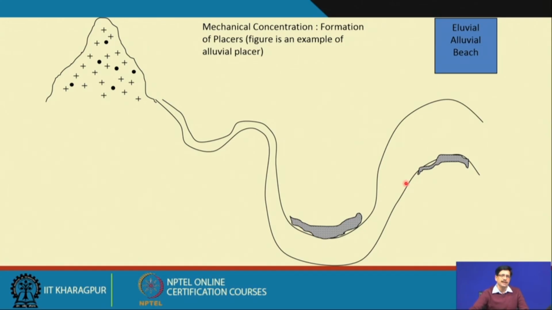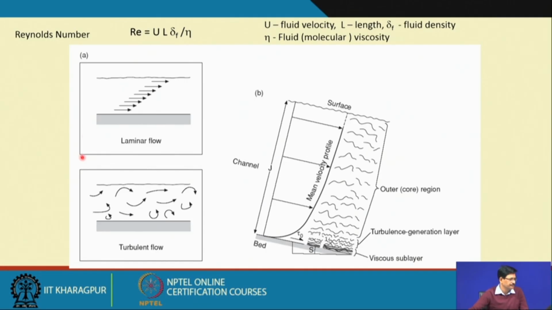Then we will see some classic examples of placers resulting from this fluvial process. Here there are some very fundamental illustrations. This is how the flow can be described.